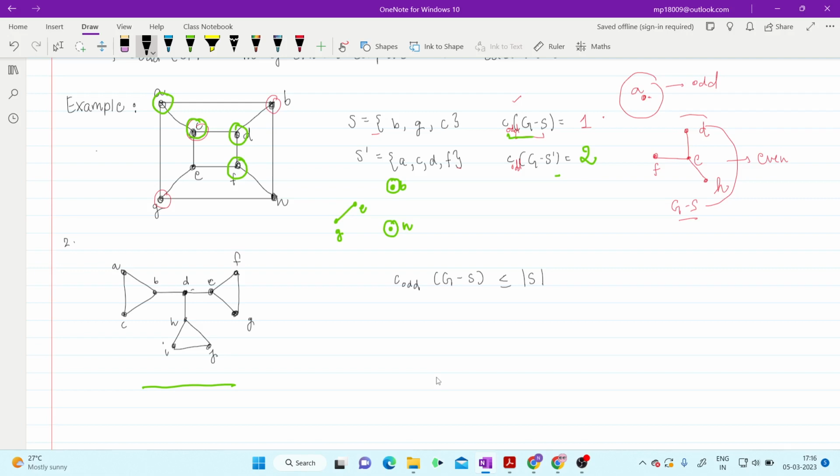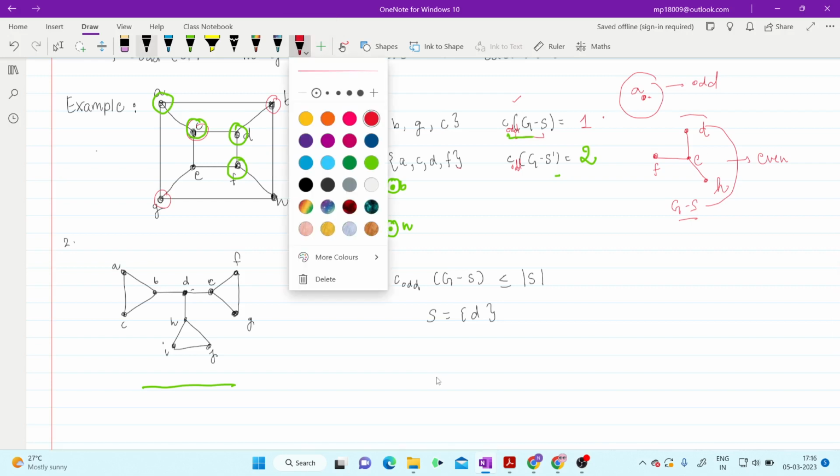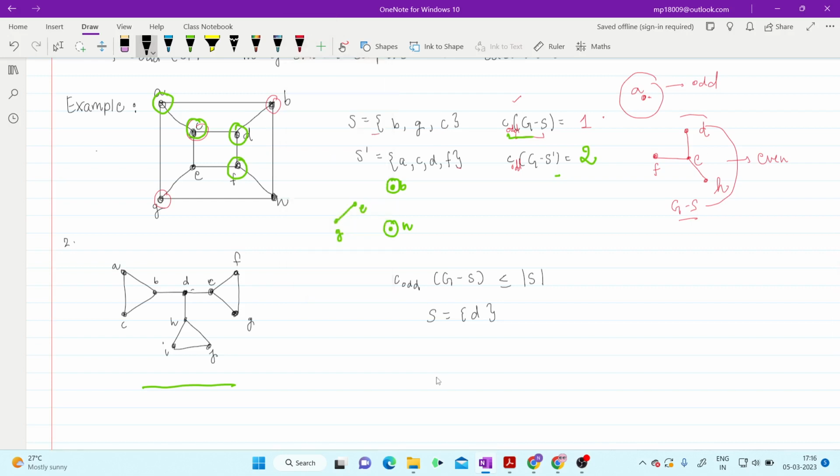So take S equal to D. If we take S equal to D, then what is the number of odd connected components? 3. Yes. So basically we are removing this vertex, and we see the connected components that we are left with.